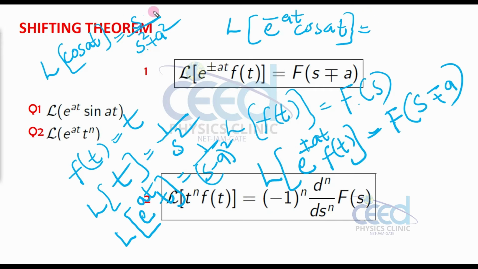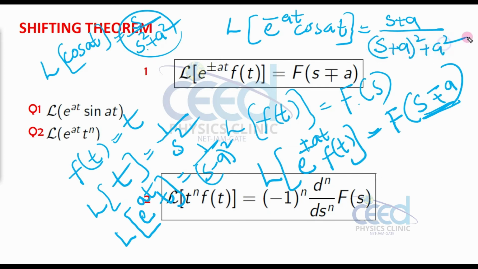That means s changes to s plus a, so the result is (s plus a) divided by (s plus a) whole square plus a square. Suppose here it is b instead of a, this will turn as b square, and the remaining s changes as s plus a because of this multiplication.